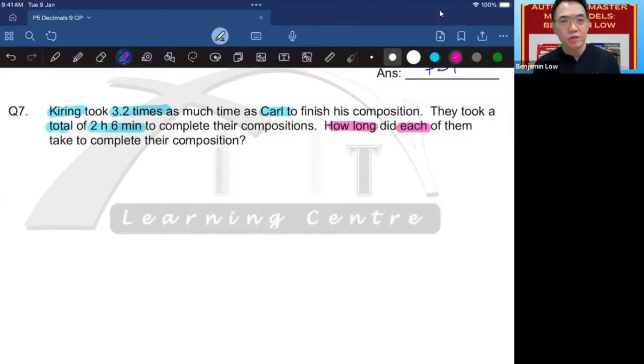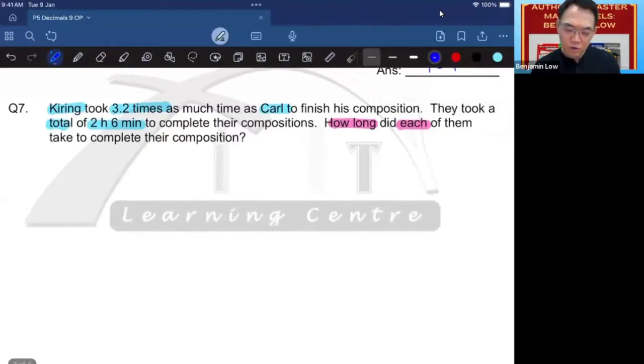So just like the previous questions, you should have taken 3.2 and converted that into a fraction. So 3.2 is 3 and 2/10. And since it is 2/10, it is easier if you changed this into 1/5.